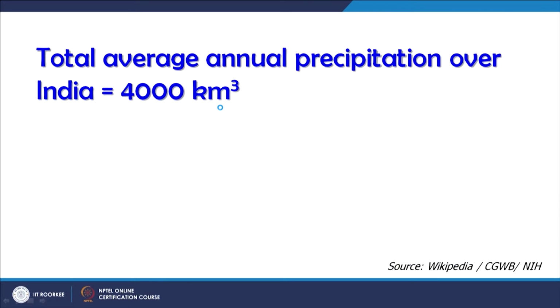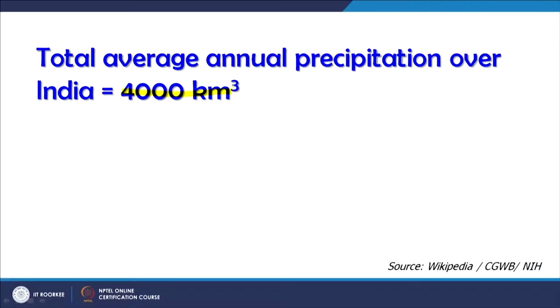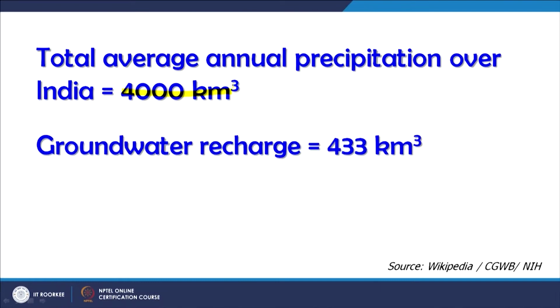So now the average annual precipitation over India which I was mentioning has remained almost constant in the last more than 100 years, which is about 4,000 cubic kilometer total.